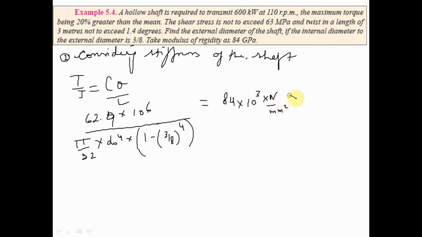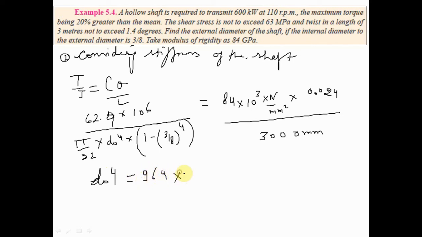Theta you have calculated. So theta was 0.024. Substitute 0.024 whole upon L. L was 3 meters, that is 3000 millimeters. From here, if you cross multiply, you take this side, you take this side, you divide everything. So finally you will be getting d outer to the power 4 equal to 964 times 10 to the power 6.